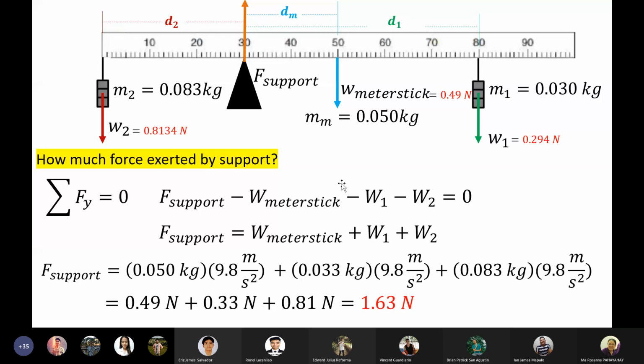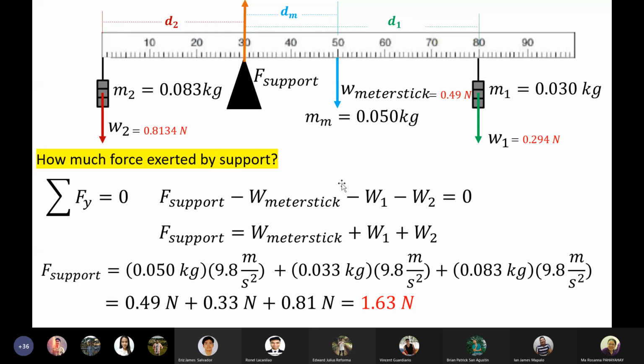So let's go back. If we talk about the forces on a system, to find the force of the support we use the first condition of equilibrium. Since our forces here are only forces along y, we have the summation of forces along y. All forces upward are positive, all forces downward are negative.